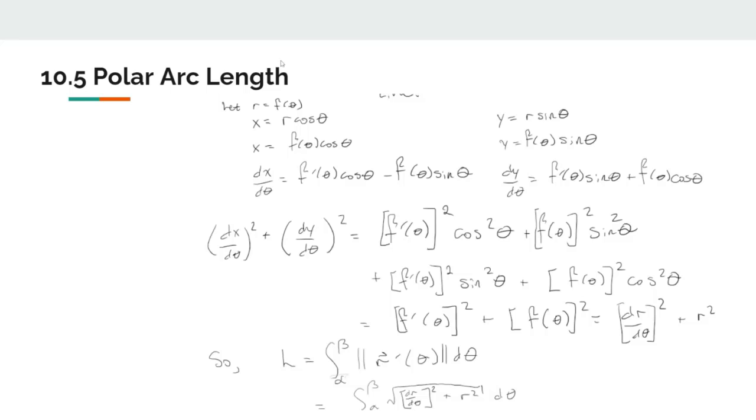Then we calculate. You can think of x and y as a parameterization of the curve, from an interval to a curve in R2.